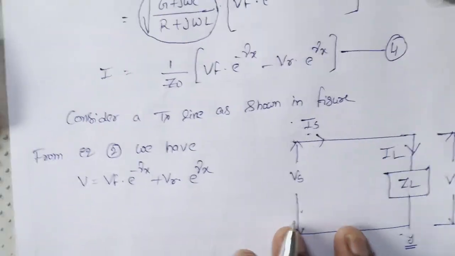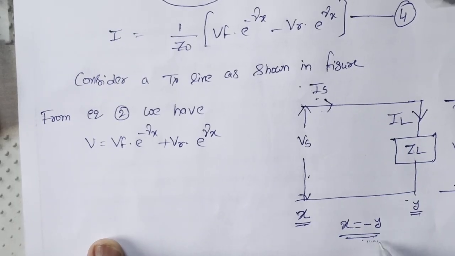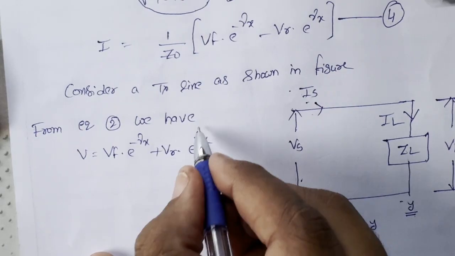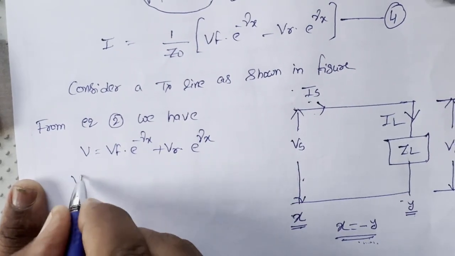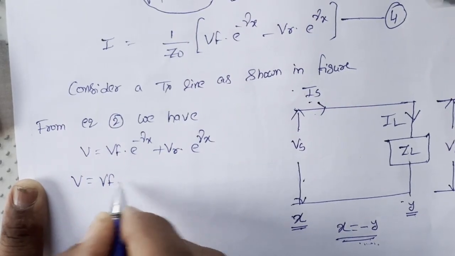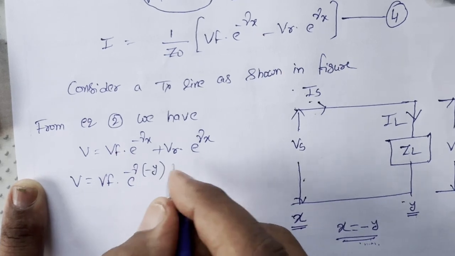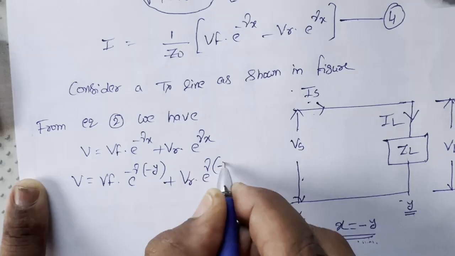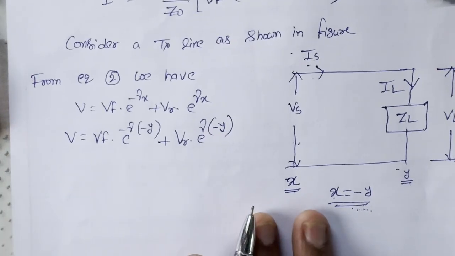So now I am substituting this condition, x equal to minus y, in this equation. By substituting, V equal to Vf into e power minus gamma into x, which is minus y, plus Vr into e power gamma into minus y, because x equal to minus y.